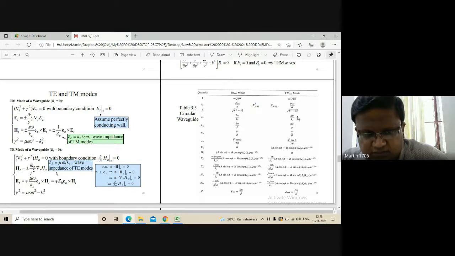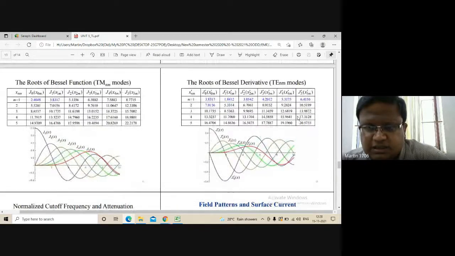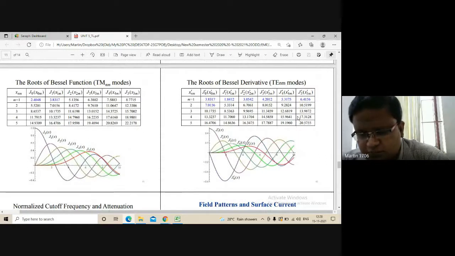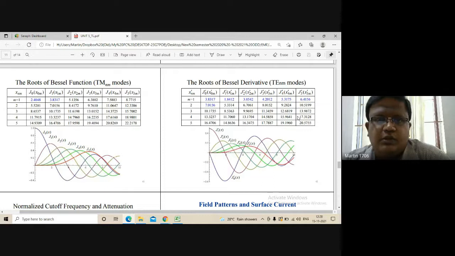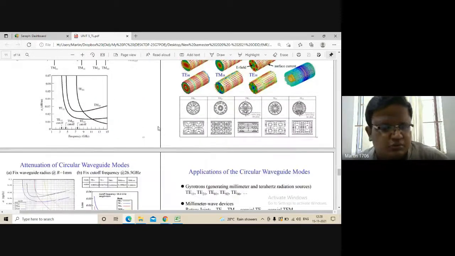You can see, this is the basic thing, and these are some of the Bessel functions. Mostly this can be done by experimentation only. So just look at it. It is not that useful for you.